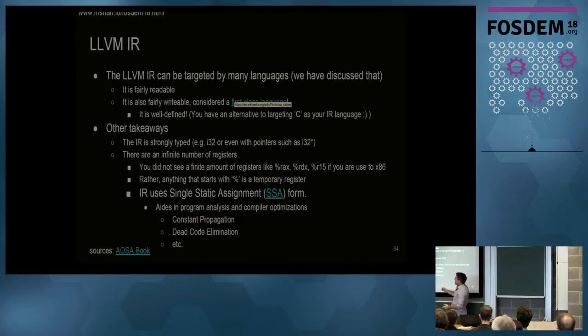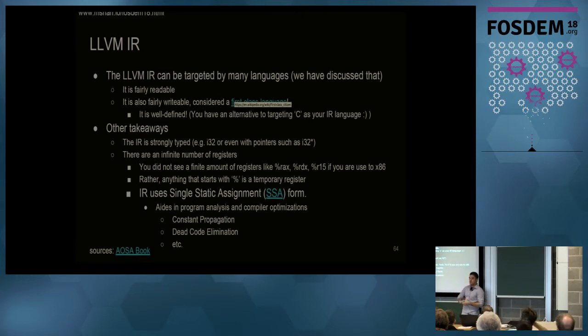The IR itself is strongly typed. We saw that I32, so that means there are types, and even pointers can be defined with a star. There's what's known as an infinite number of registers. From your assembly programming, if you have experience, you saw RAX, RDX, R15, or whatever 16 general purpose registers.